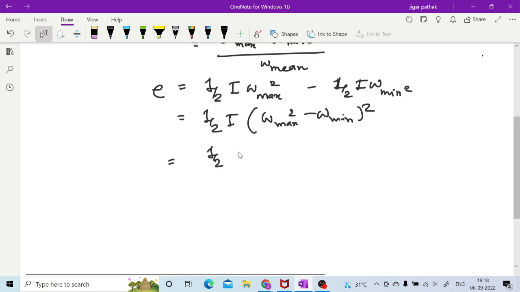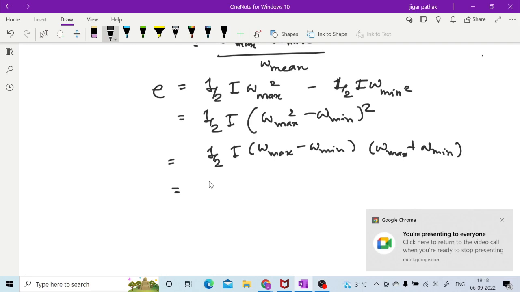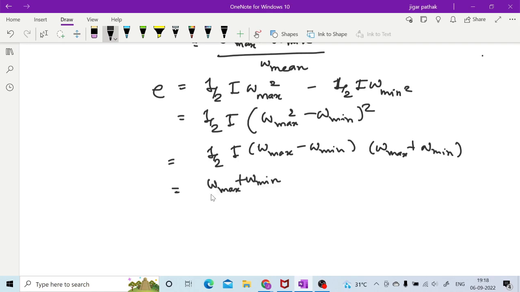Here you can write it like this: omega max minus omega min and omega max plus omega min. Then you can have omega max plus omega min by 2 into I into omega max minus omega min.